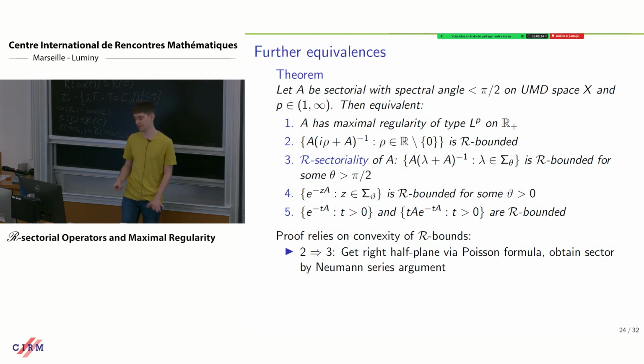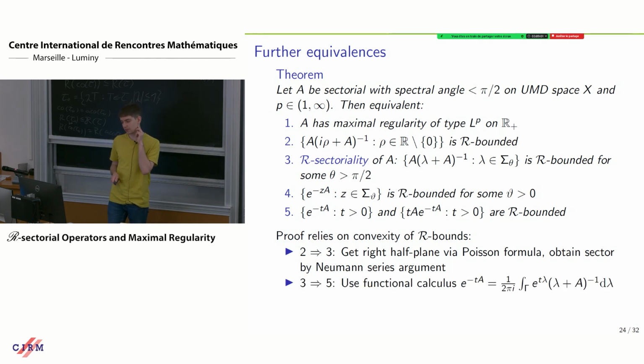So this resolvent function is holomorphic, so we can recover its values on the right half plane via some integral on the boundary, which is the imaginary axis here. And then using that, one can obtain that the resolvent is R-bounded on the right half plane. And we can even then extend this to some sector using a perturbation argument based on Neumann series.